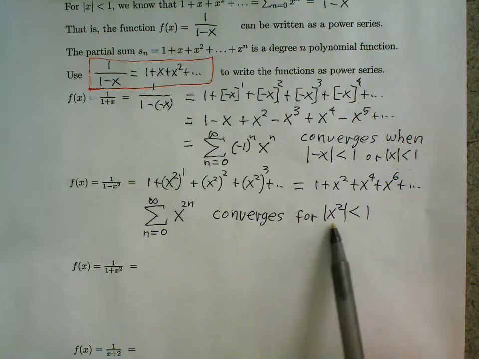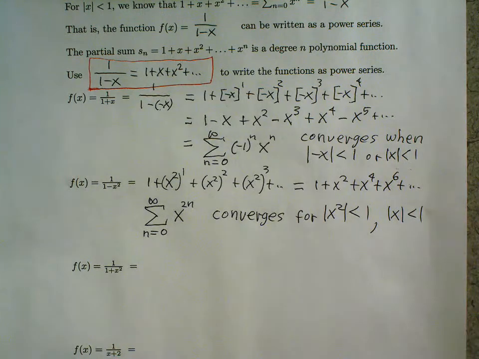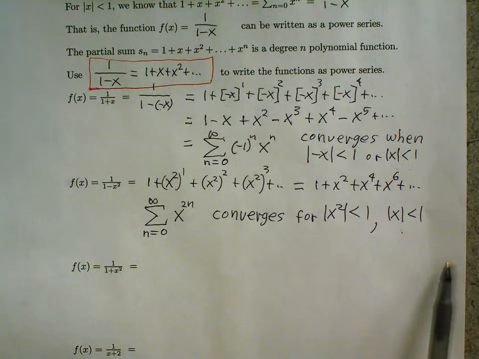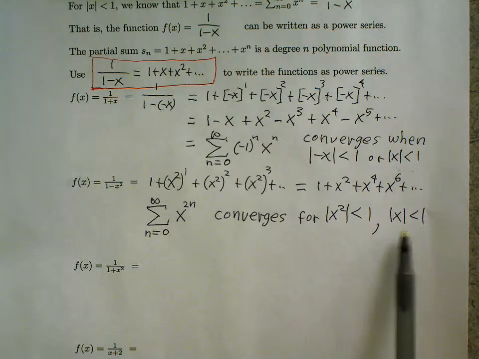But this means the same thing as the absolute value of x is less than 1. So the radius of convergence is 1, and the interval of convergence is from -1 to 1, excluding the endpoints.